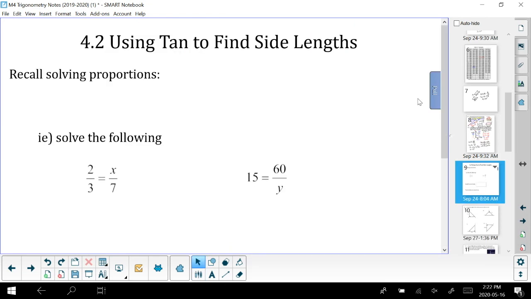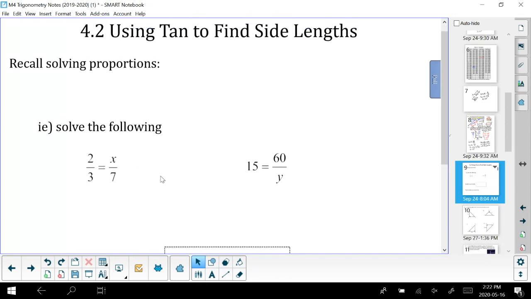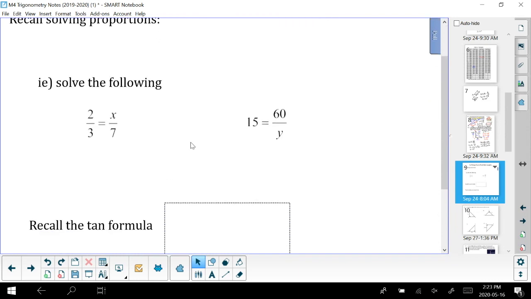So another useful tool for the tangent ratio is we can actually use tangent to help us find the side lengths of a triangle. Now remember from previous grades, we can solve proportions by cross multiplying. So if you want to solve these two examples, we're going to take the 3 here and cross multiply it with the x up here.